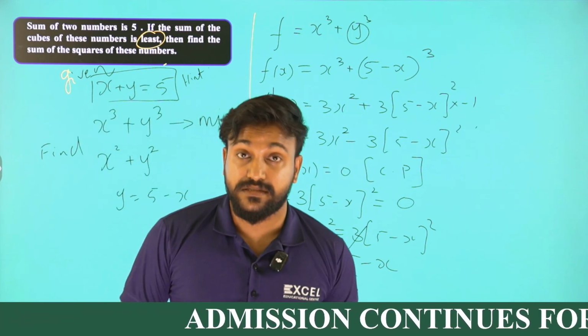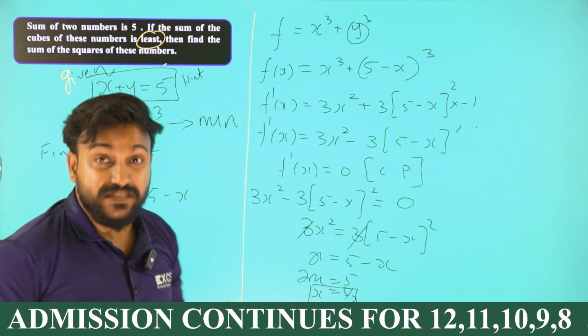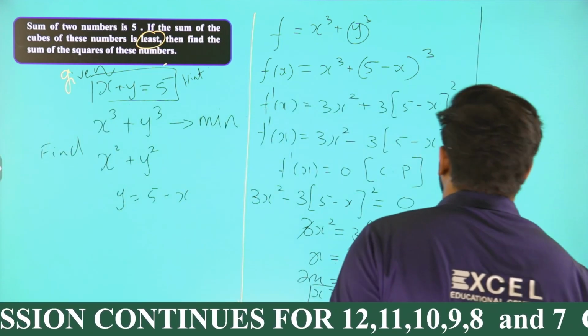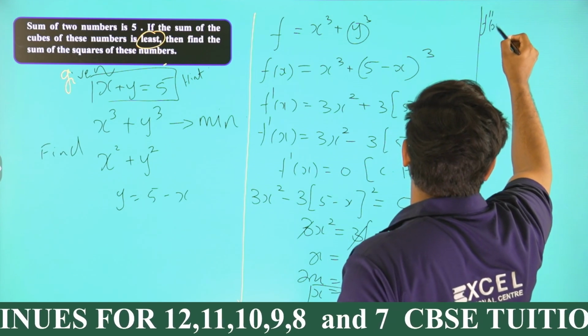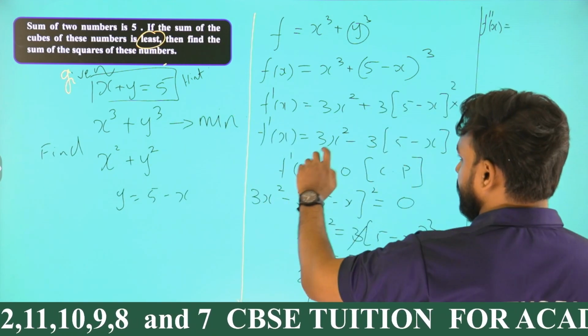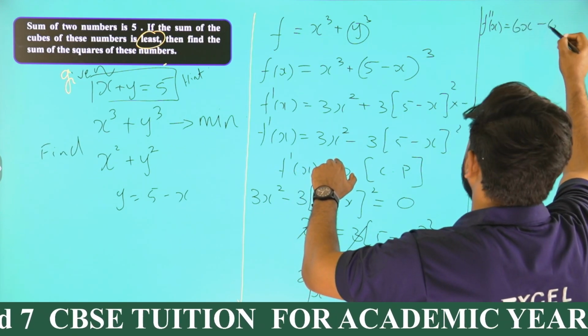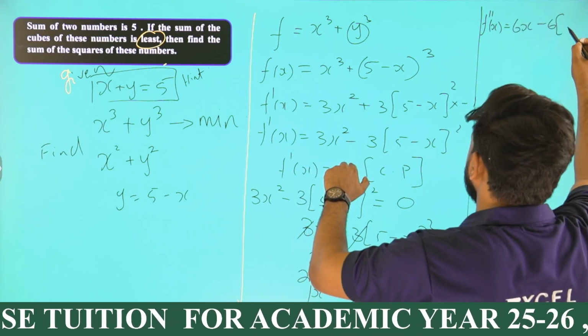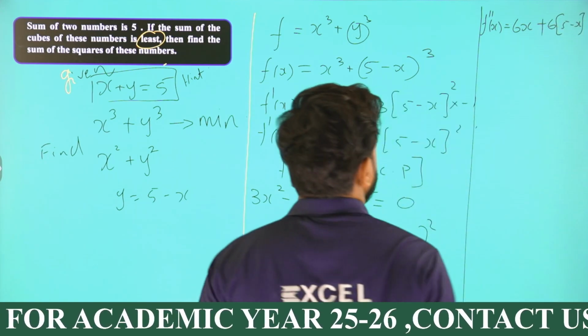We need to check whether this critical point is giving the least, that means minimum, or not. For that we have to do the second derivative, f double dash of x. What is f double dash of x? This is your f dash of x. It will be 6x minus 6 times 5 minus x, and the derivative of 5 minus x is minus 1, so it will become plus.